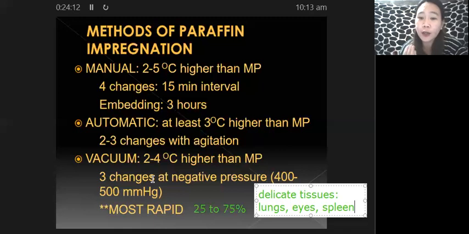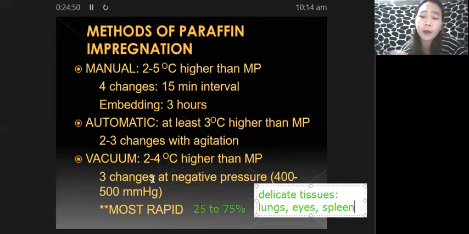Particularly your lungs. Remember that a lung sample can contain air bubbles inside. One of the purposes of negative pressure is to remove your clearing agent and to remove your air bubbles. So if you are handling lung samples, the best method for paraffin impregnation is of course vacuum, which allows the removal of not just your clearing agent but also your air bubbles.